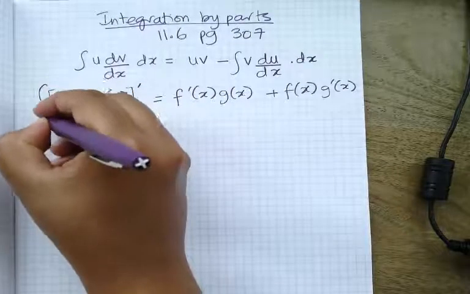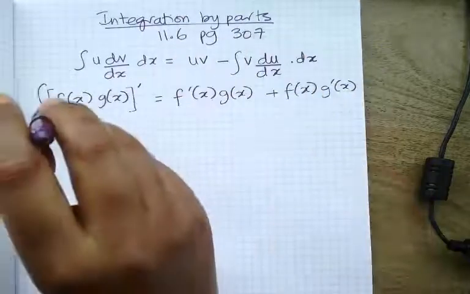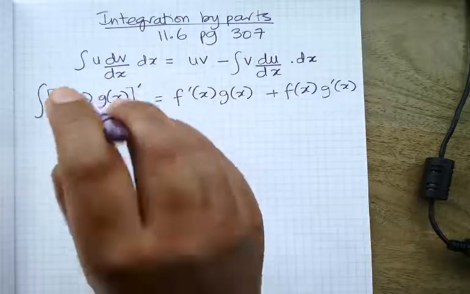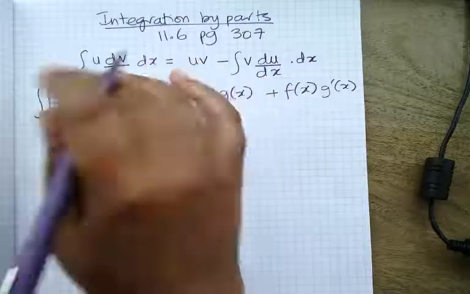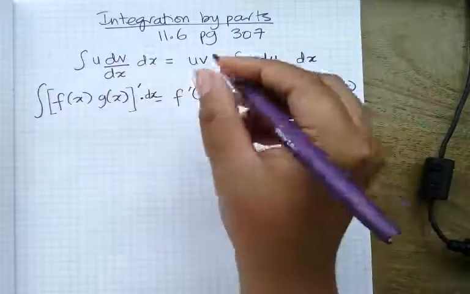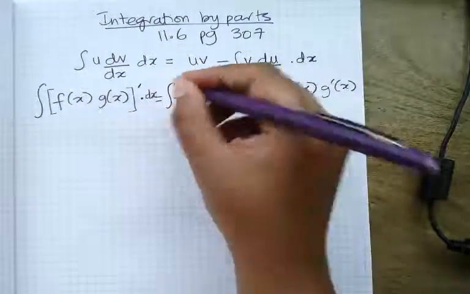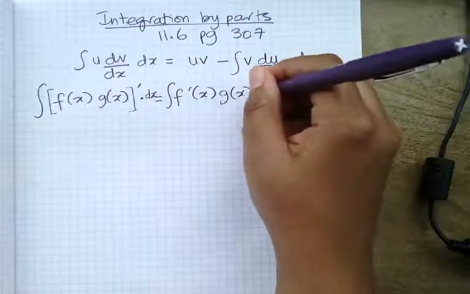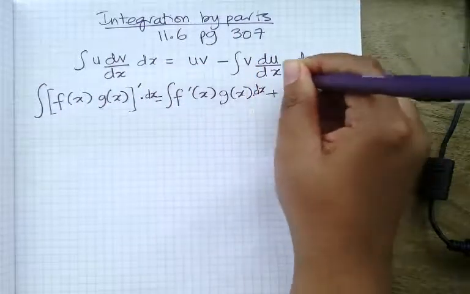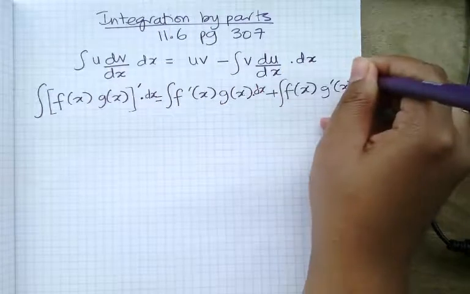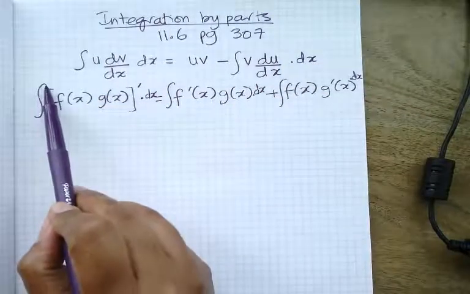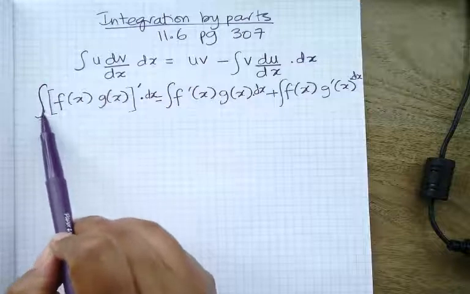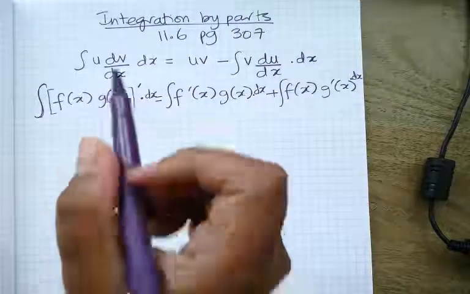Now what if you were asked to integrate this? If I integrate this whole thing, this is what is going to happen. Obviously the integration and the differentiation kind of cancel out, don't they?